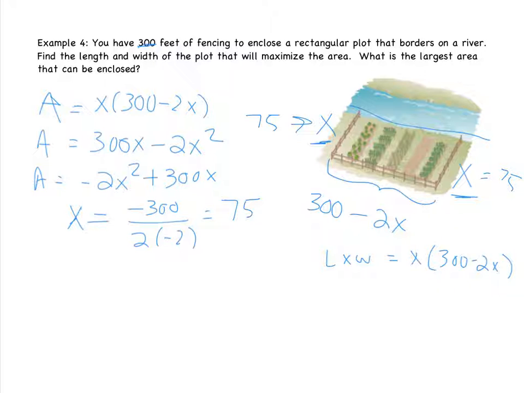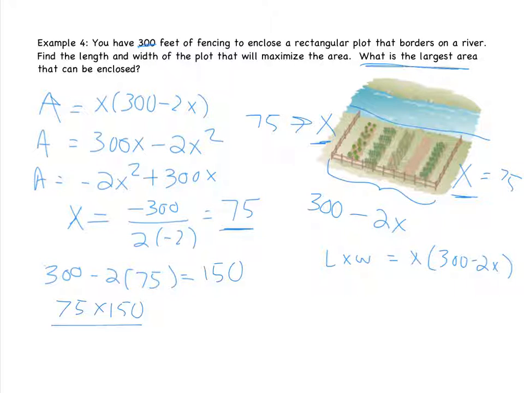I need the other side here. So 300 minus 2 times 75 is 150. So it's a 75 by 150 rectangle, but I don't want the dimensions, I want the largest area.